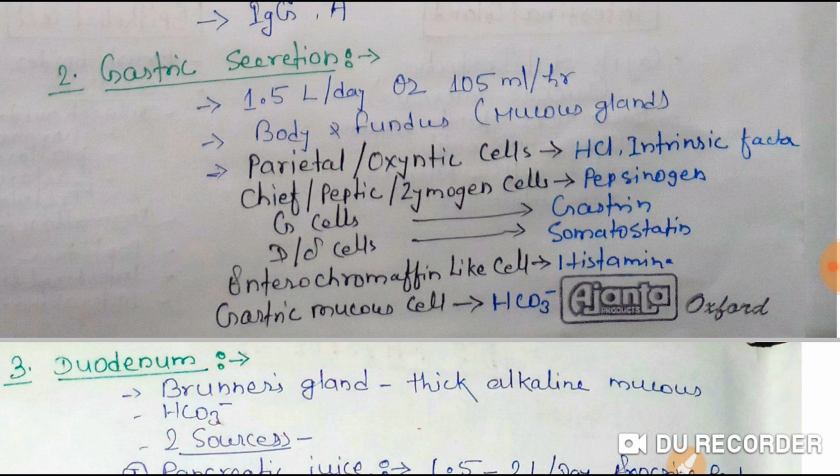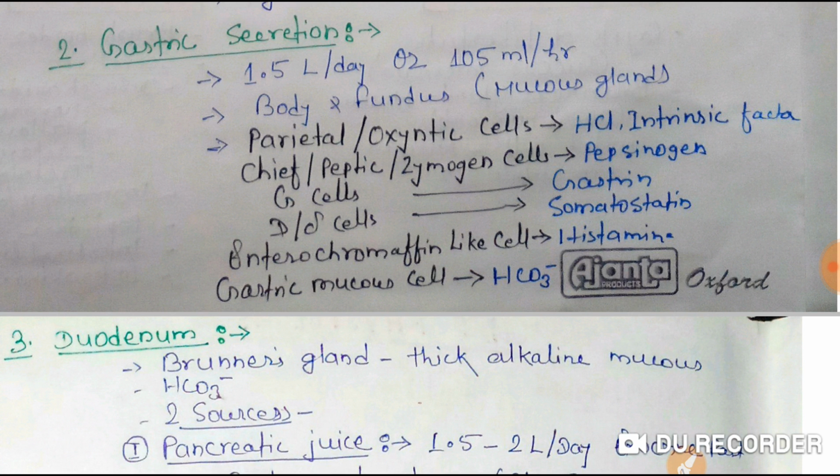The chief cell, also called the peptic cell or zymogen cell, all the same, secretes pepsinogen. Here pepsinogen, the suffix gen, indicates a zymogen or inactive enzyme.